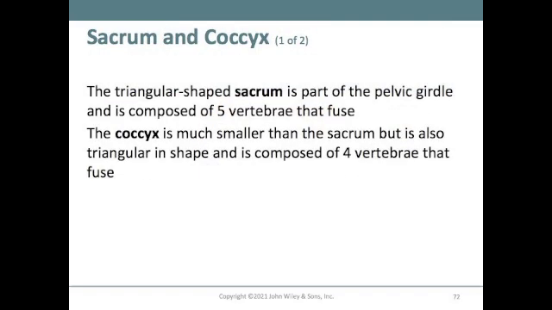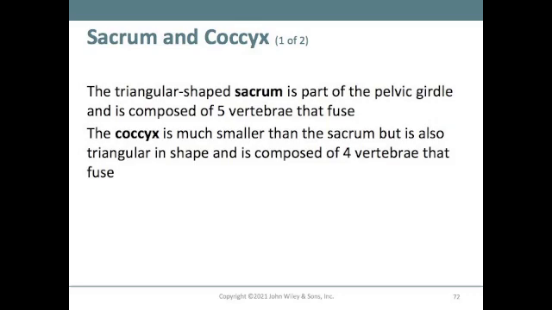Okay, that's a continuation of that. So the sacrum and the coccyx: the triangular shaped sacrum is part of the pelvic girdle and is composed of 5 vertebrae that fuse. That's what I was saying several slides ago about how when you're an infant, when you're a fetus, the sacrum and the coccyx have a lot of different bones, and as you get older and turn into an adult, those bones are going to fuse.